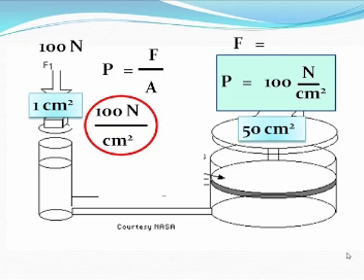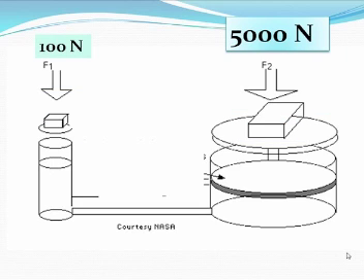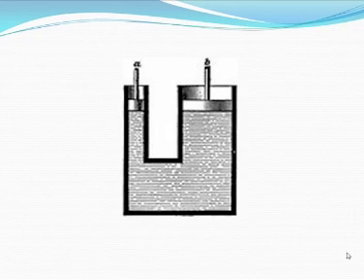Well, force, look at this, is pressure times area. If force is pressure times area, look what happens. I can put in the pressure's 100, the area is 50. My goodness, the force on that side is 5,000 newtons. I'm applying 100 newtons, but I get 5,000 out because of this property of liquids.